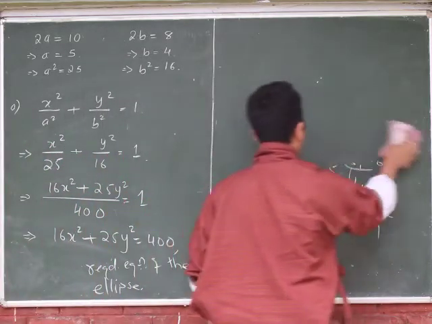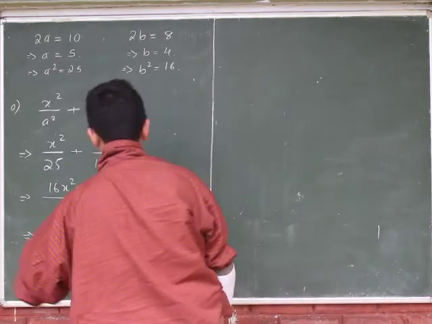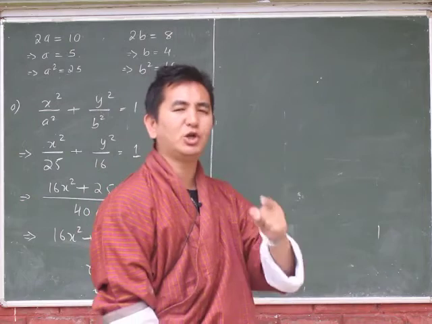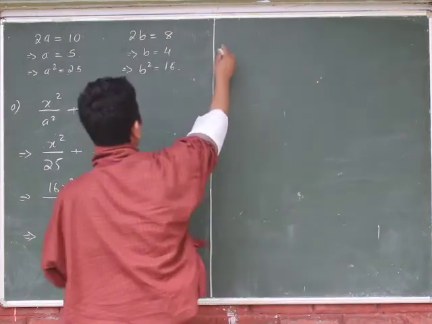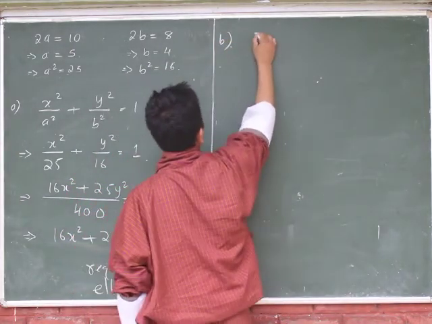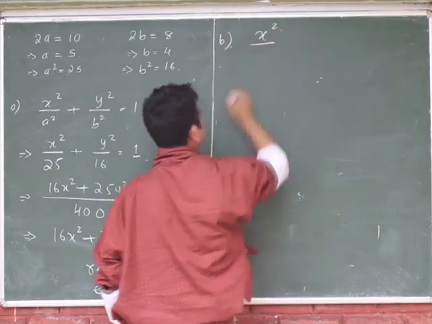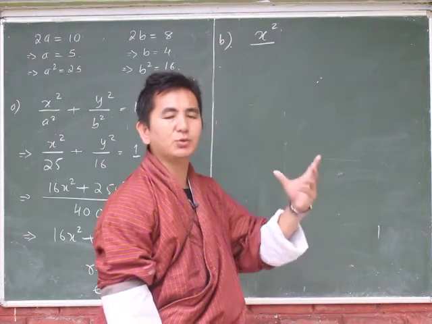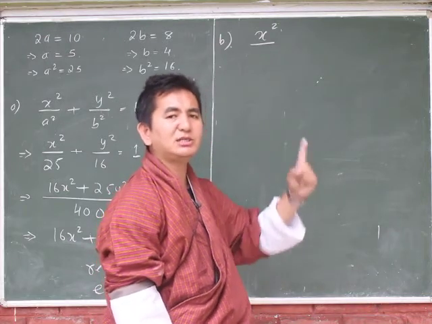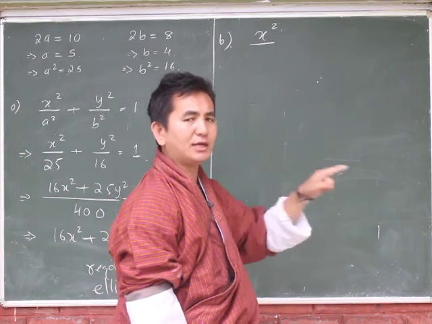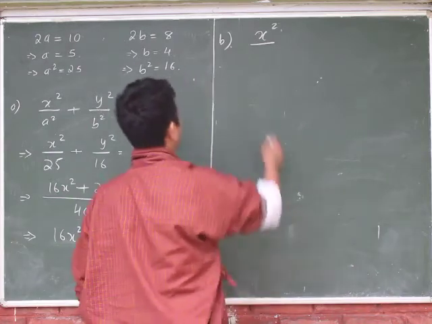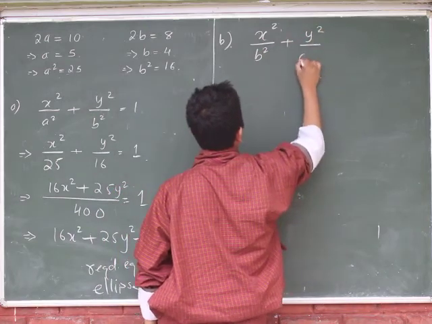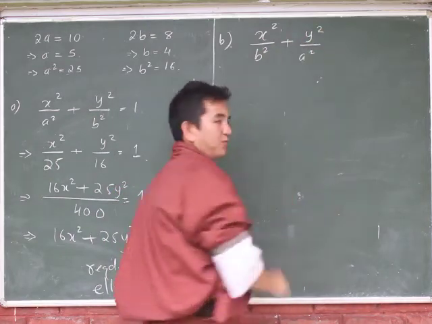It's very simple. The next one says major axis is along the axis of y, which means we are talking about a vertical ellipse. So what's the equation for a vertical ellipse? Minor axis is along the axis of x and major axis is along the axis of y.